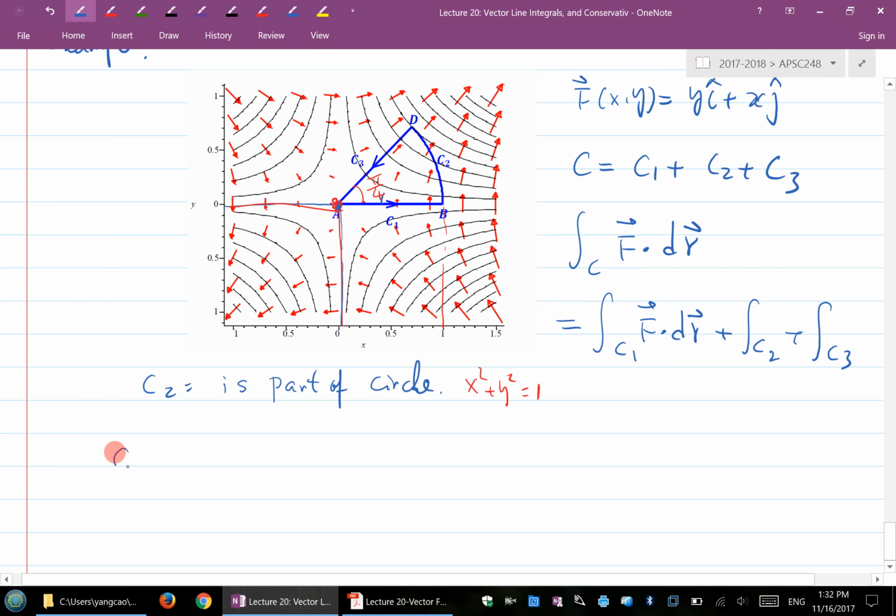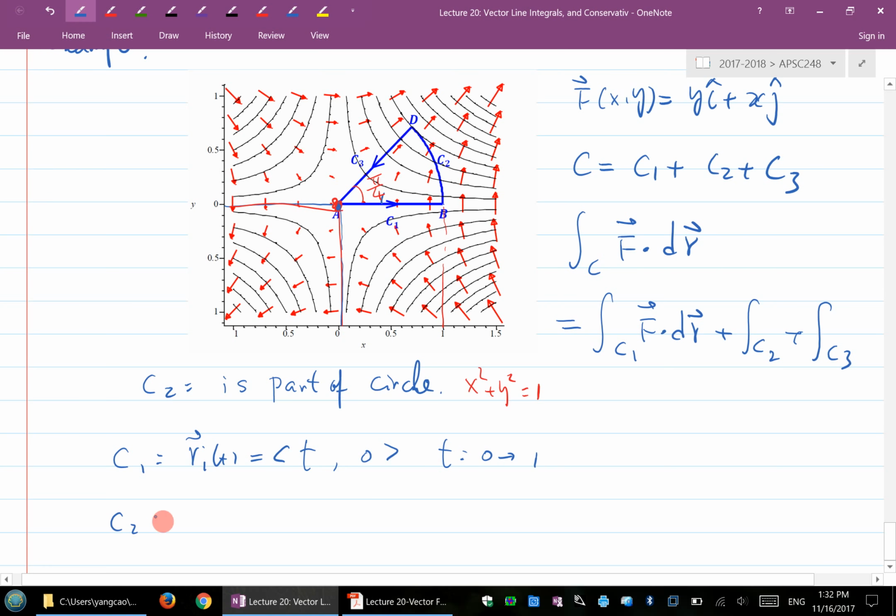So for example, maybe C1, from A to B, y is always 0, x changes, so I can let x equal t, and y equal 0, so that's your parametric equation, and t goes from 0 to 1, right? So that's how you get the parametric equation for C1.